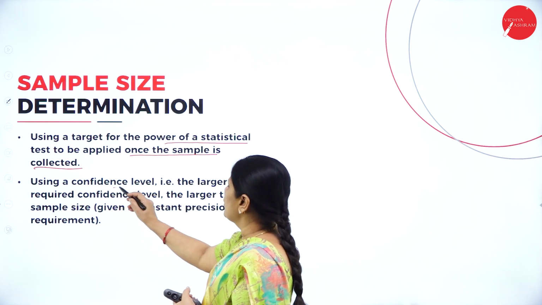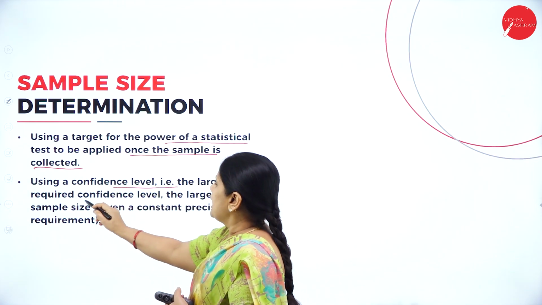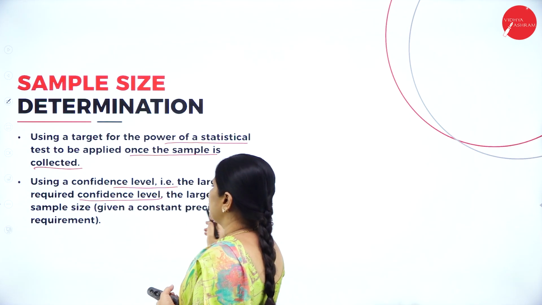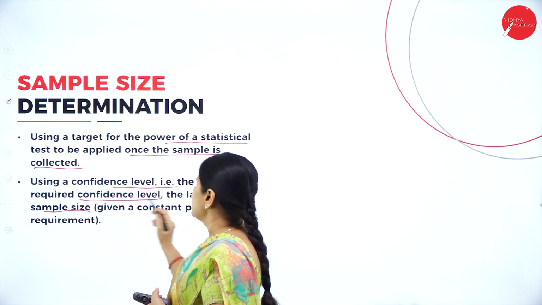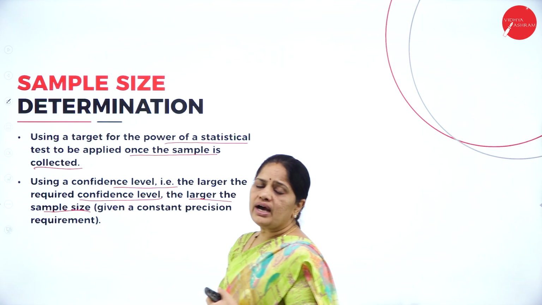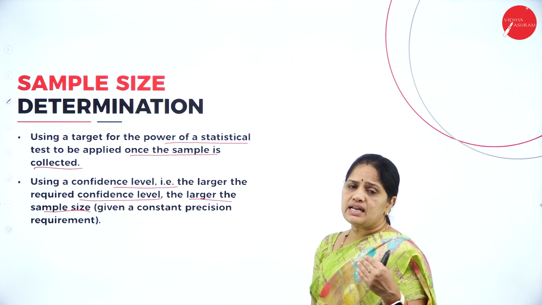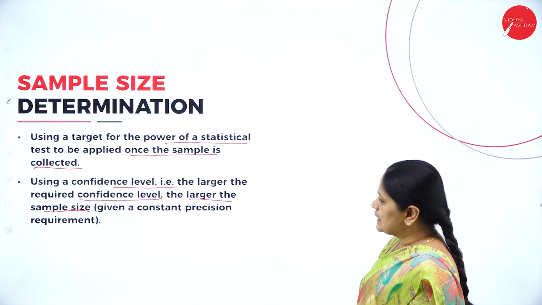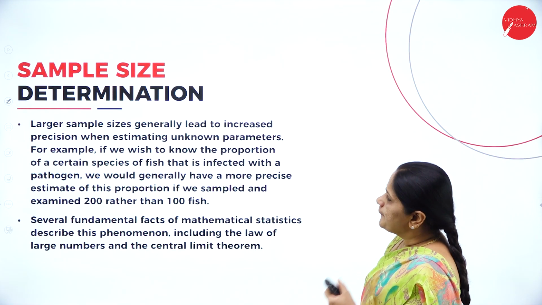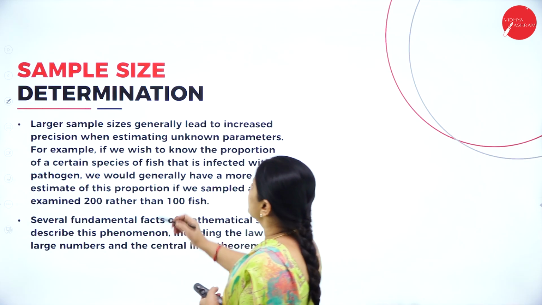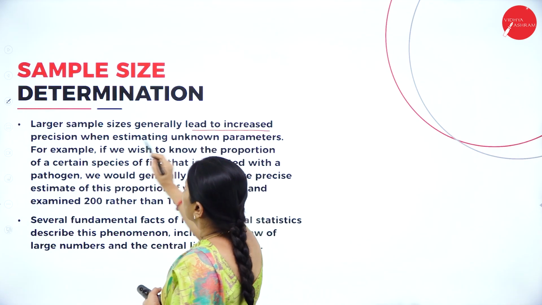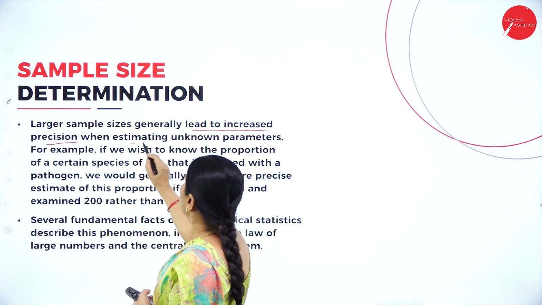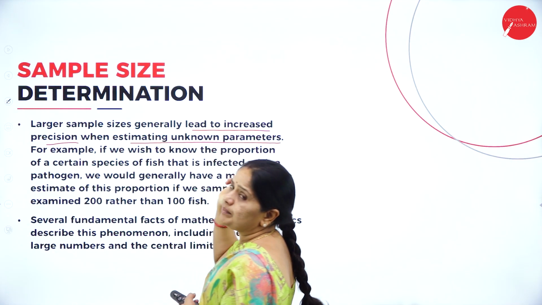Using a confidence level: the larger the required confidence level, the larger the sample size. If you want a very good confidence level for the research, it is better to have a larger sample size. Larger sample sizes generally lead to increased precision when estimating unknown parameters.